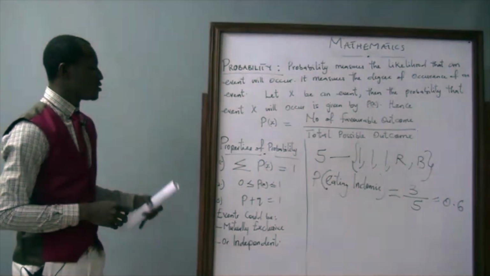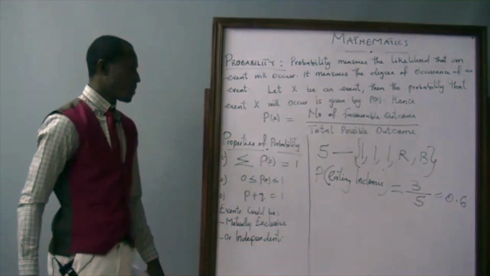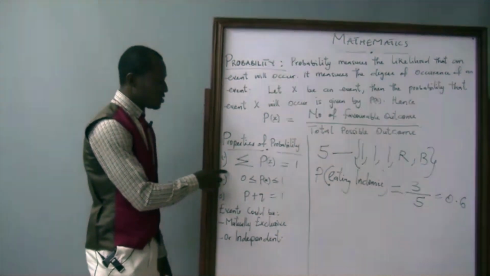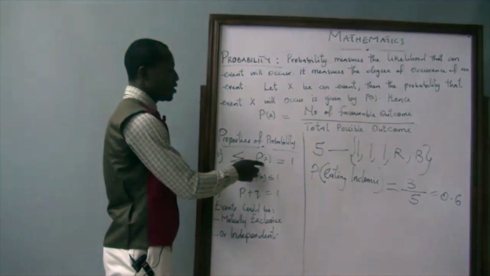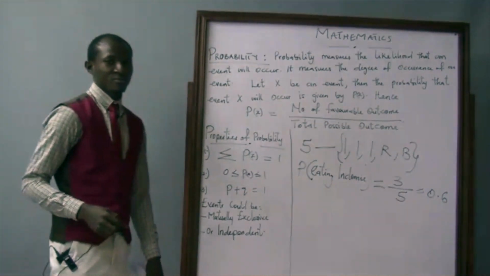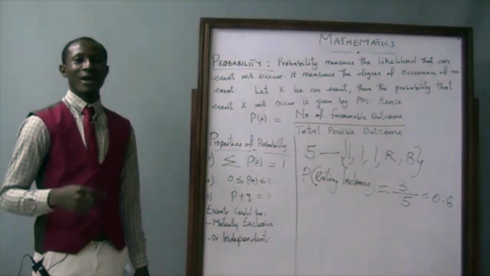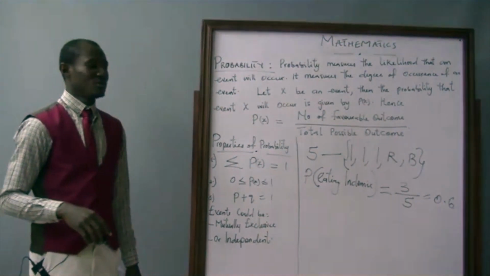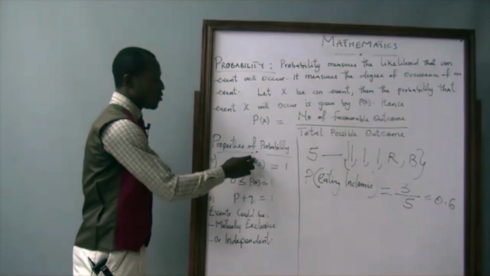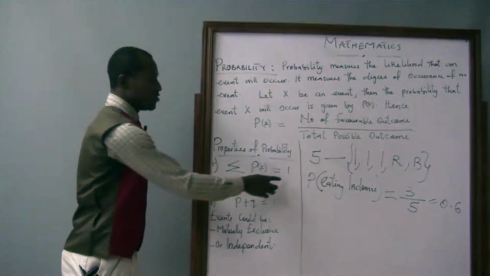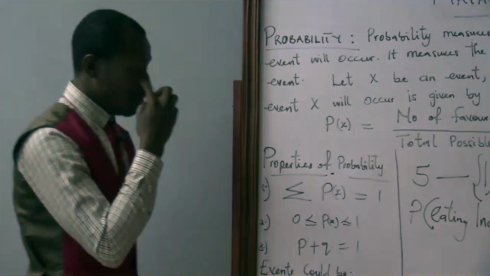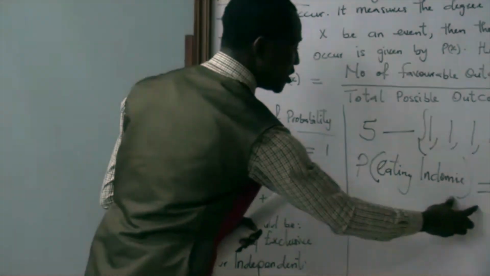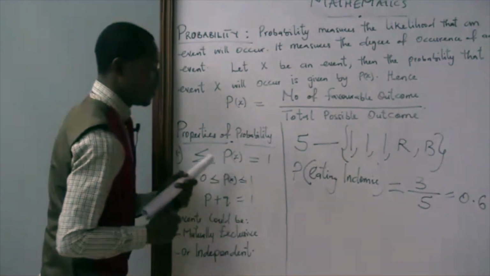Then if we move on to the properties of probability, number 1 says summation P of X equals 1. That is, don't forget that summation sign means addition. Summation, addition of my probability of x's must give me 1. Like now, if this is the probability of eating Indomie, it gives me 3/5.